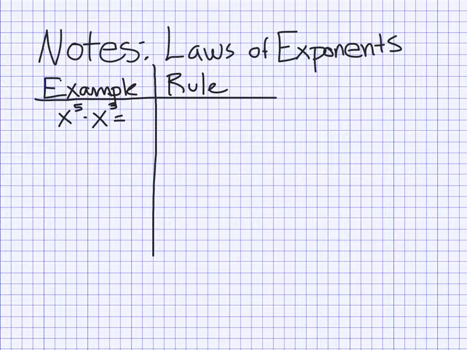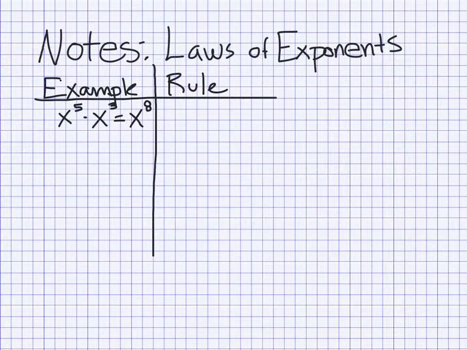What would that equal? Remind yourself why that was. Do it now. Okay, hopefully you said x to the 8th, because if we wrote it out, we would have 5 x's written out and then 3 x's written out, all of them multiplied together, meaning you have 8 x's multiplied together total.